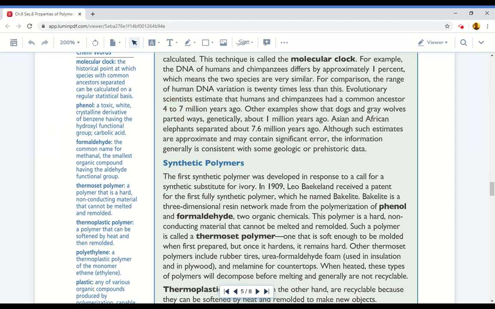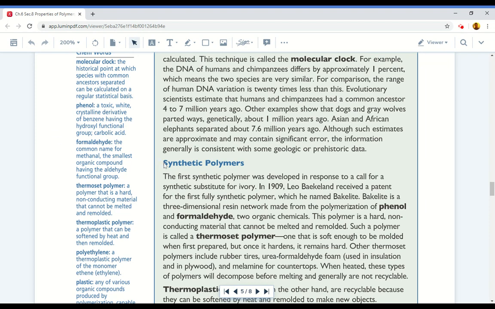Other examples show that dogs and gray wolves parted ways genetically about 1 million years ago. Asian and African elephants separated about 7.6 million years ago. Although such estimates are approximate and may contain significant error, the information generally is consistent with some geologic or prehistoric data.